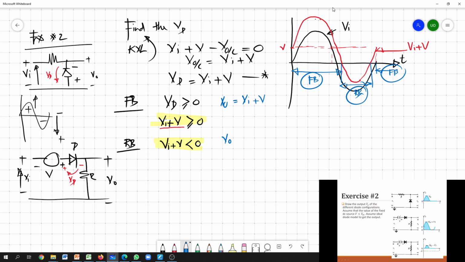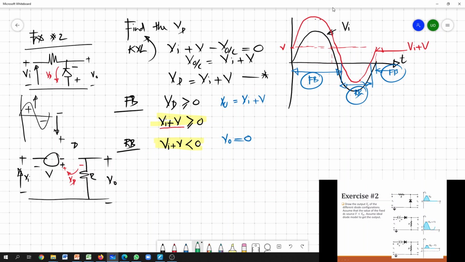You can replace the diode with an open circuit. So then basically you simply isolate the sources from the output, so V out would be 0. So this is open, so V out should be 0. See? So V out is 0.